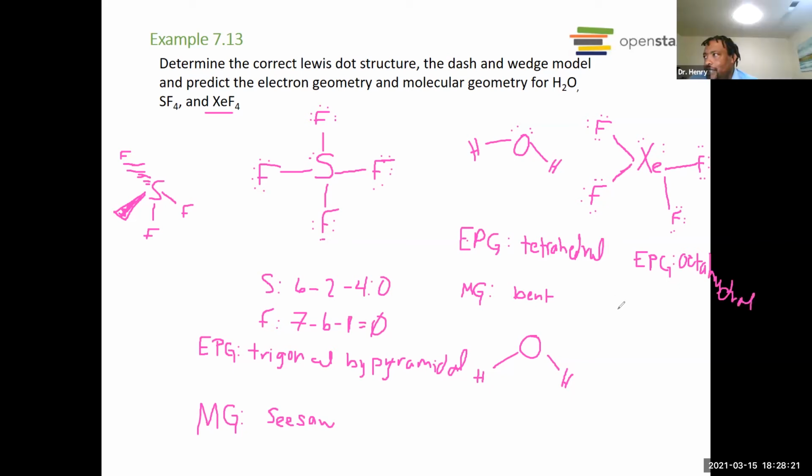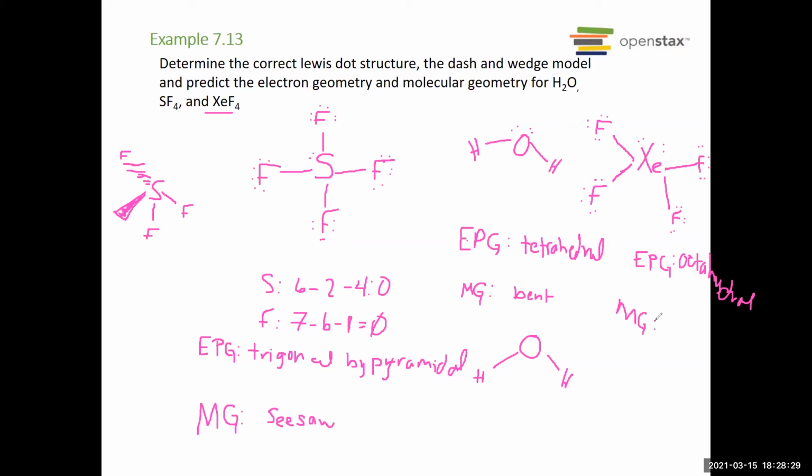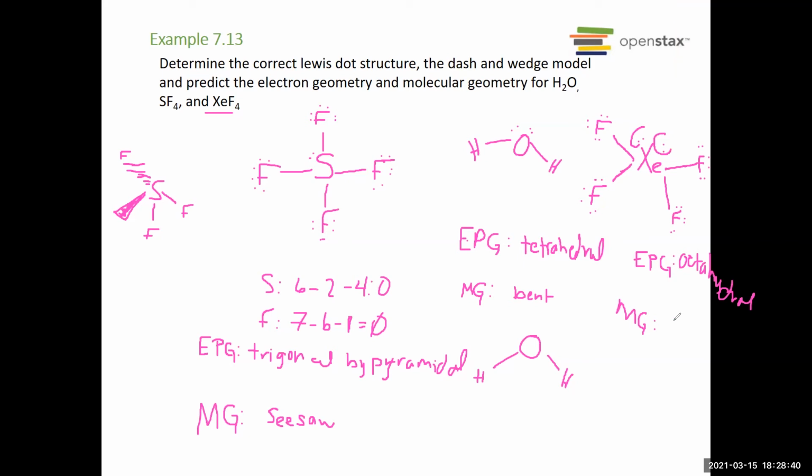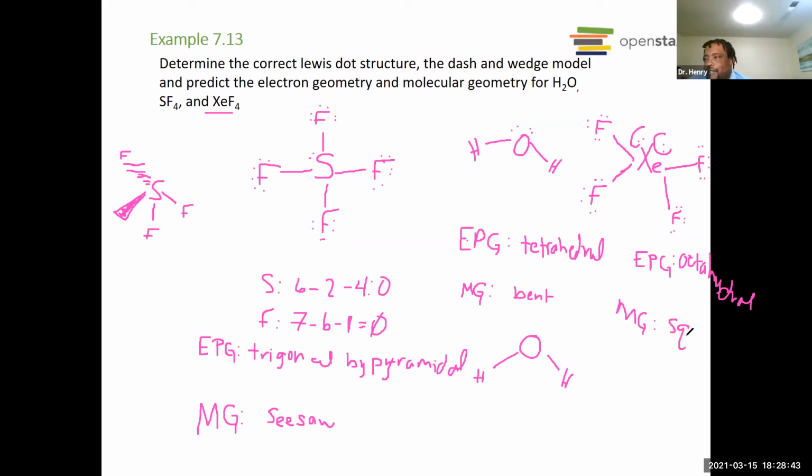And then the MG, a T-shape. So we have 2 lone pairs and 4 attachments. The square planar. There you go, square planar.